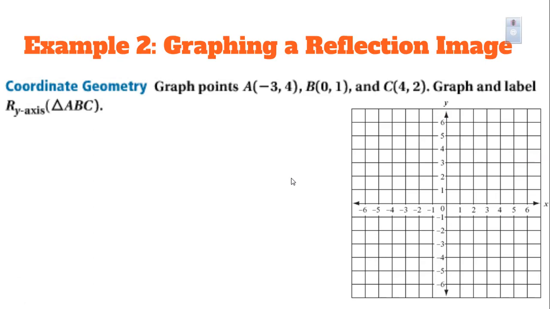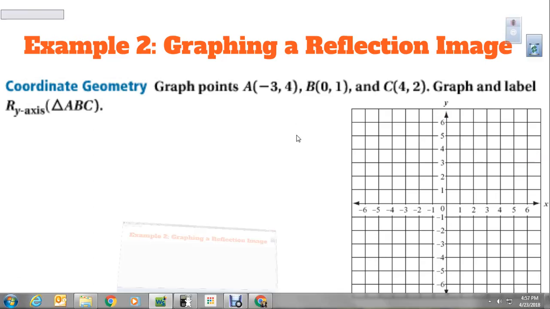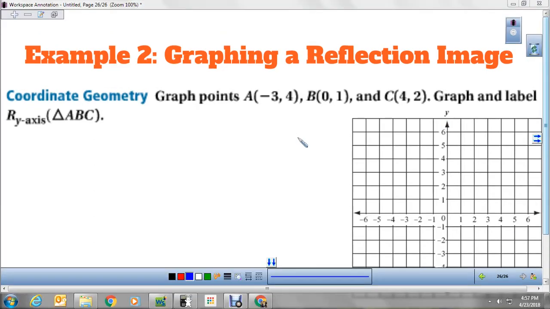So let's take a look at here graphing some points. So let's take a look at point A. So mark it at -3 and +4. So there's our first point, which is point A. Second point is at 0 on the X and 1 on the Y, point B. And then point C is 4 and then 2.